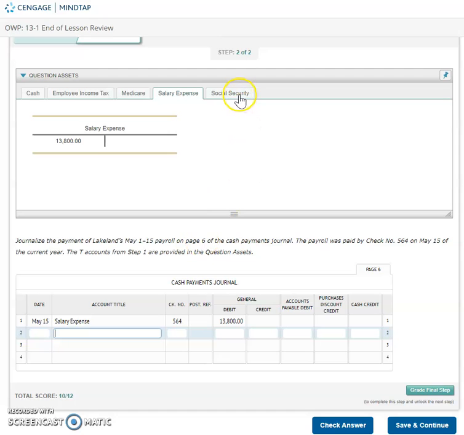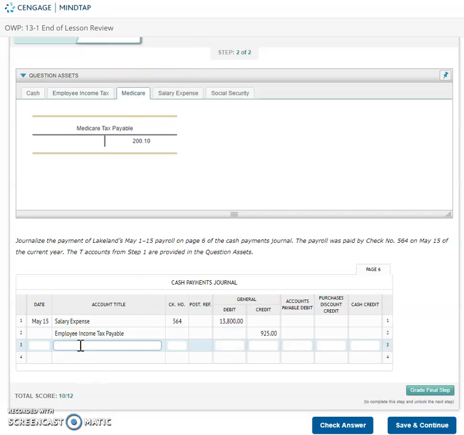Next thing I'm going to do is my employee income tax. And so that is employee income tax payable, and that we credited for $925. I'm going to then go to my Medicare. Oops, actually I'm going to go to my Social Security. I'm going to keep that in that order. So Social Security tax payable.